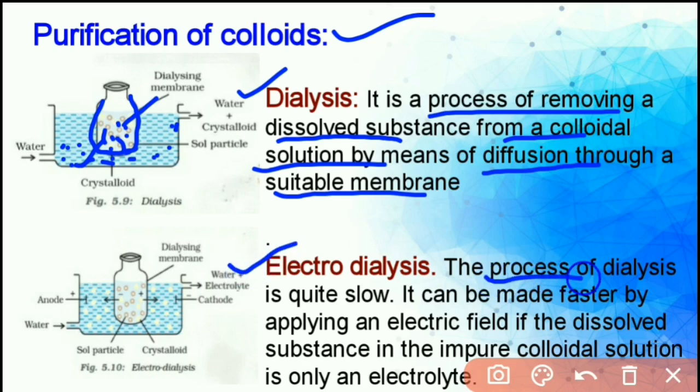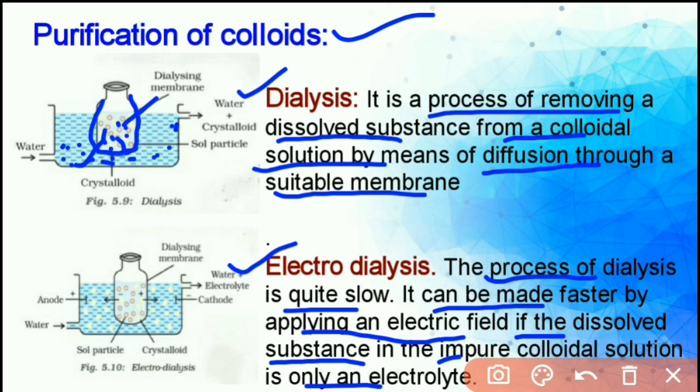The process of dialysis is quite slow. It can be made faster by applying an electric field, if the dissolved substance in the impure colloidal solution is only an electrolyte. If the impurity is an electrolyte, then this method works on dialysis.